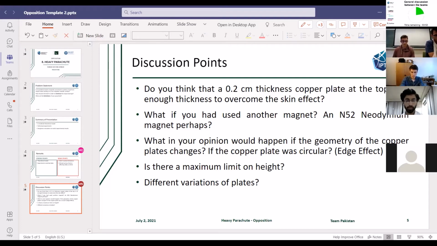So I think we can conclude mutually that there is a certain limit at which the magnetic field, if it's properly strong, can be assumed to be the maximum limit on height. If it's falling from a very high height and it's not interacting with the non-magnetic metallic plate at the bottom, then obviously it will have a higher velocity while falling towards the plate.